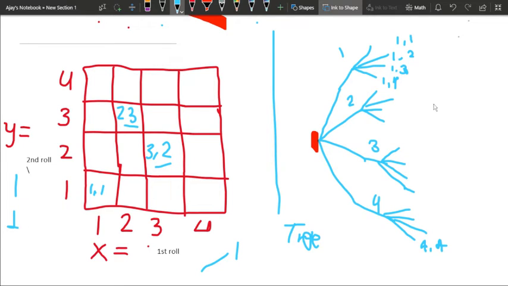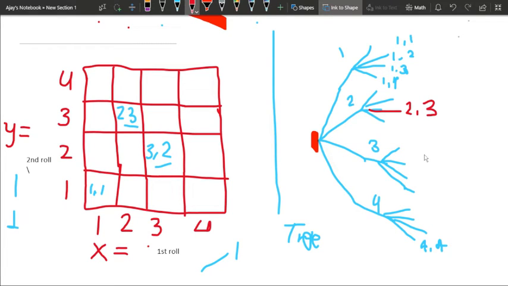We follow a branch here, and we end up at this particular leaf, which is the leaf associated with the outcome 2 and 3.